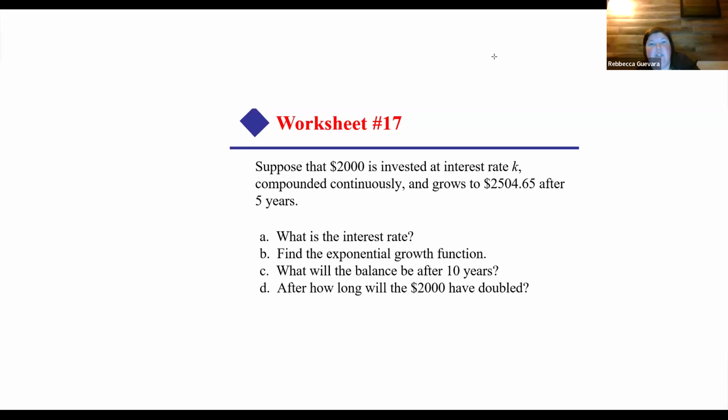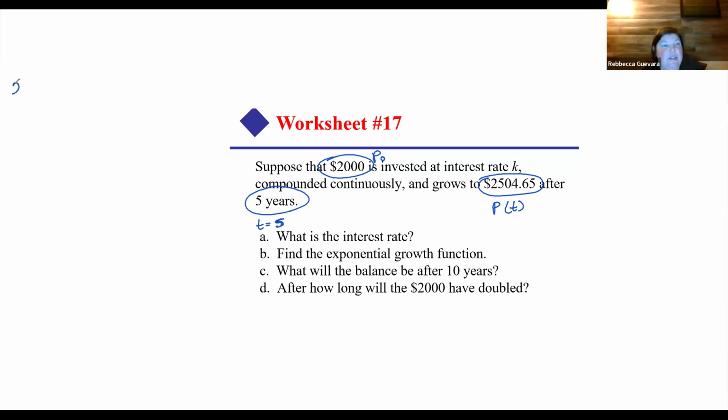All right, so like I said, just a slight tweak on this. We are told our initial amount that we're investing. We are told how much we expect to have after a time t. We're told that t is going to be 5.